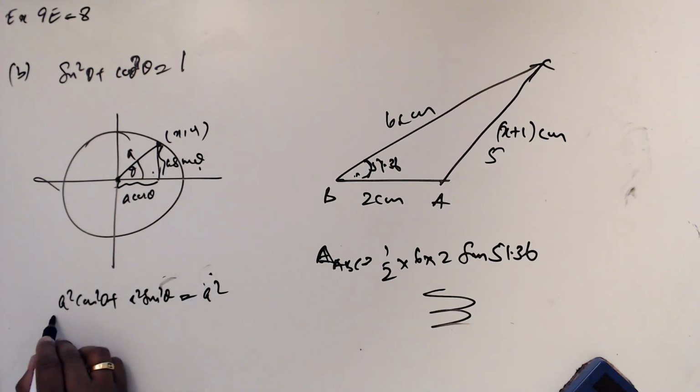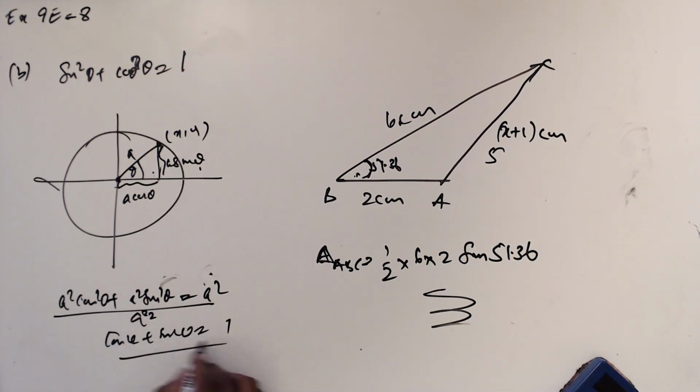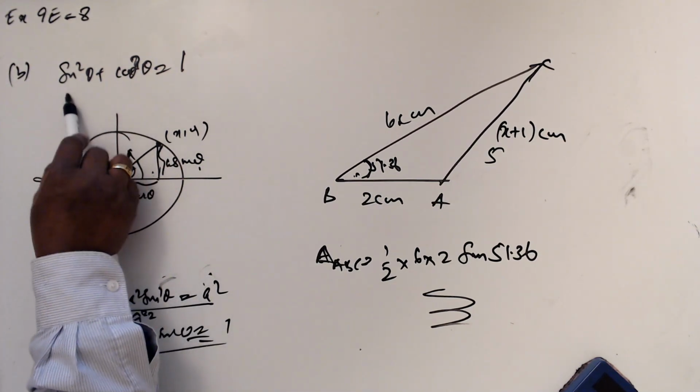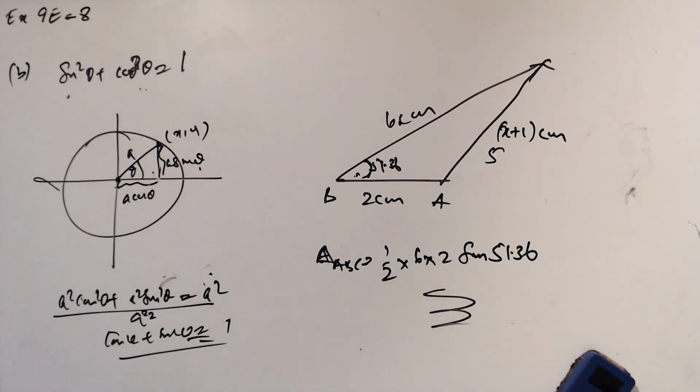You can divide the equation by a square, then remaining is cos square theta plus sine square theta equals 1. So this is an identity. The use of this one: if you know sine, you can find cos. If you know cos, you can find sine.